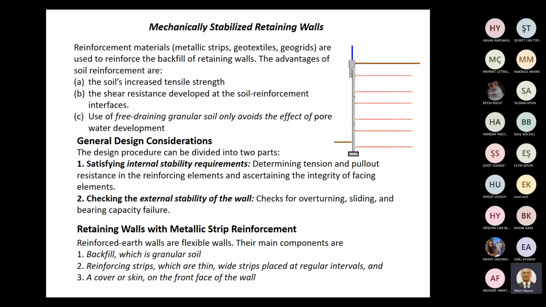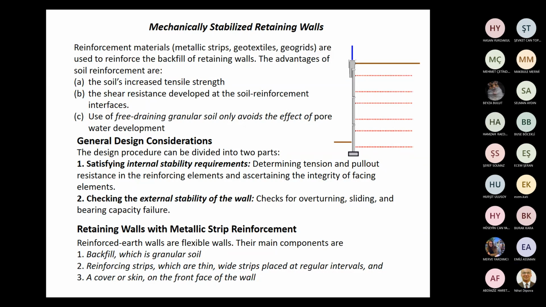One other variety of retaining wall is mechanically stabilized retaining walls. This is somehow soil reinforcement, or we can call it a ground improvement technique. Sometimes it's accepted as retaining wall construction methods.